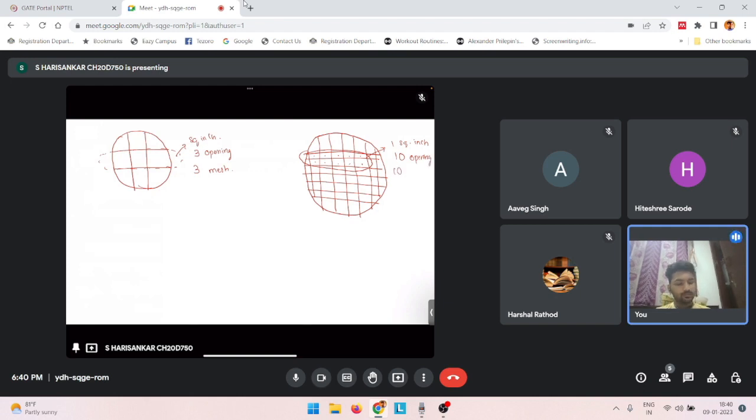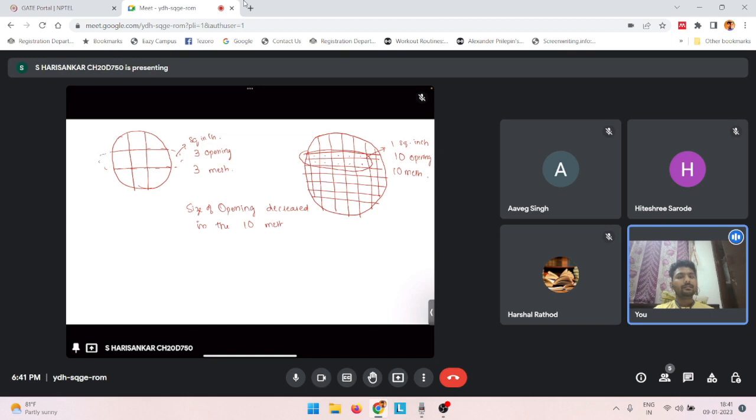So clearly what you can see here is that when we are looking at the 10 mesh, the size of the opening decreased in the 10 mesh size.